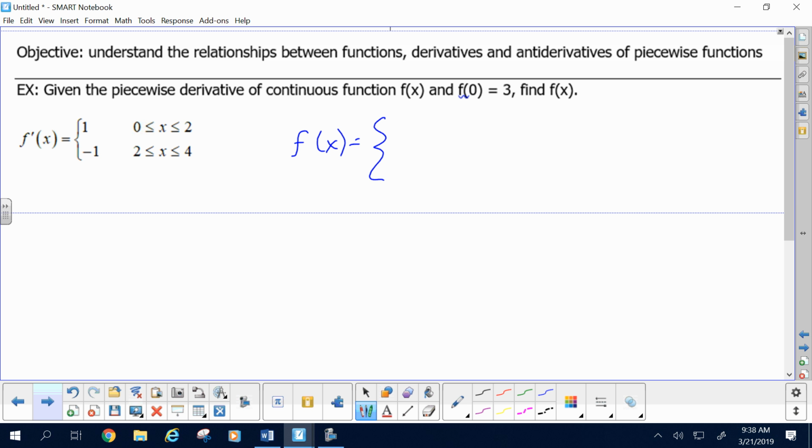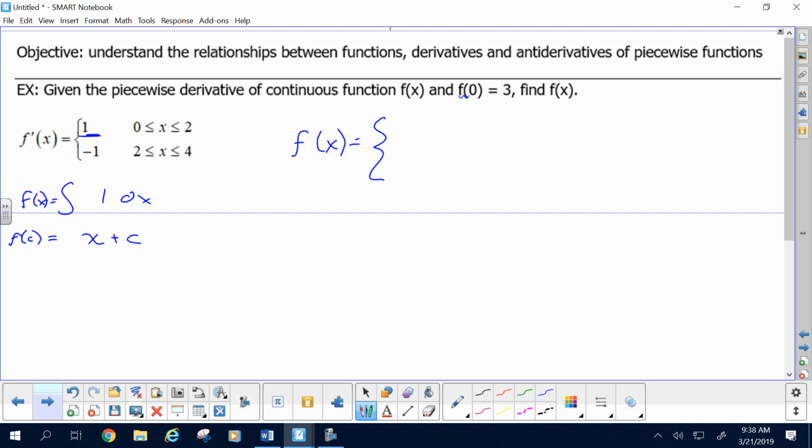So if I integrate the first branch, then it's 1. And this will apply from 0 to 2. Are you with me? Now the antiderivative of that is x plus c.